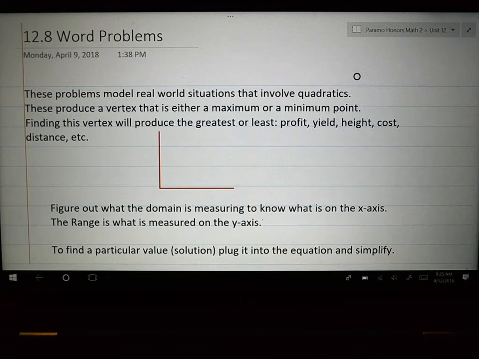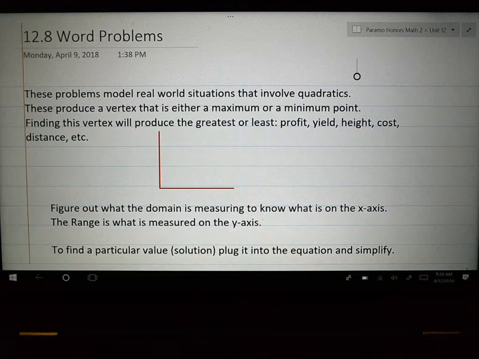In 12.8, all the problems are supposed to be real world problems that involve quadratics. The best use of math is how it's going to help you in real life.